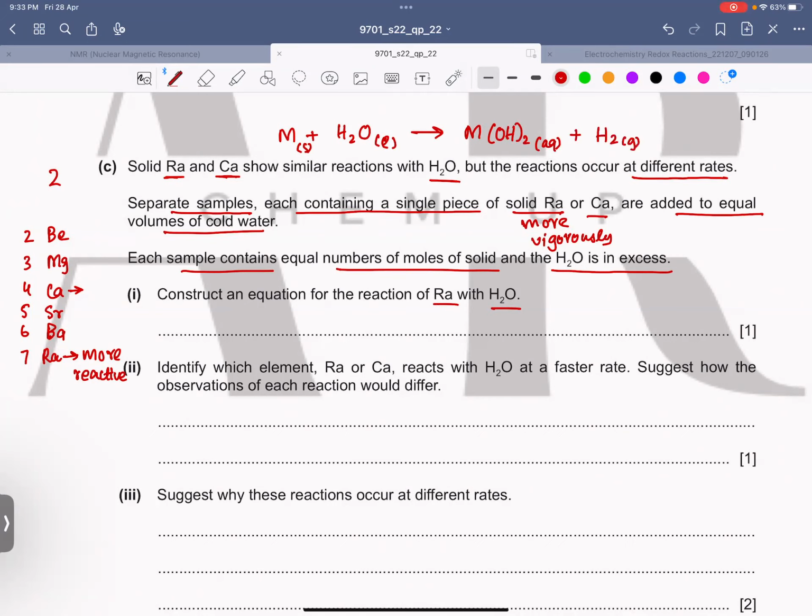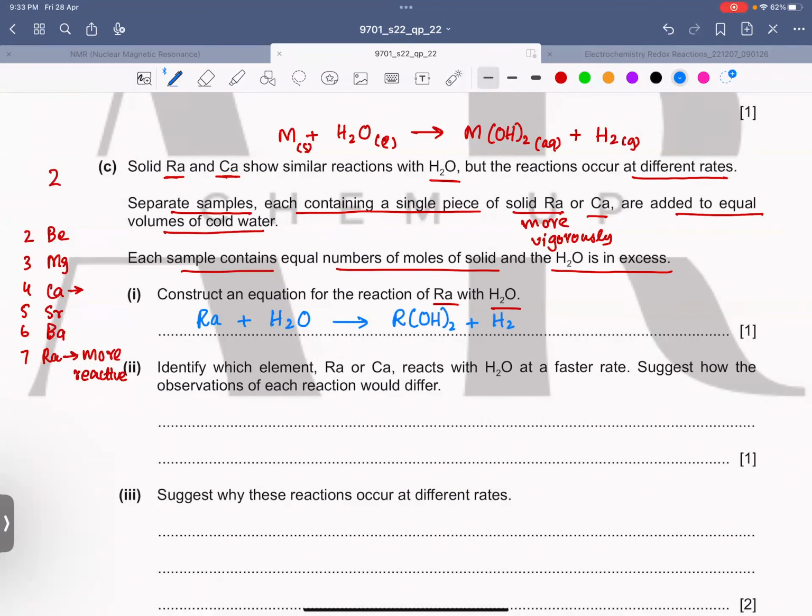So in this same equation, I just need to replace M with Ra, that is the symbol of radium. So we would get Ra(OH)2 and hydrogen.